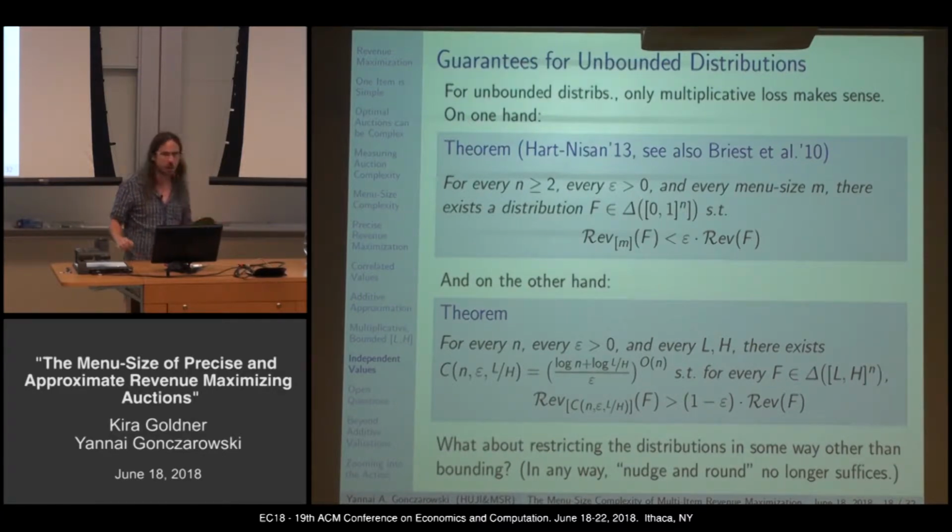Why? Because you can nudge around to an equally spaced grid or to a logarithmic grid or to whatever grid you want. But once the values are unbounded, either you're going to have to also discretize the values, which means an infinite grid, even though it's discrete, it's going to be infinite.